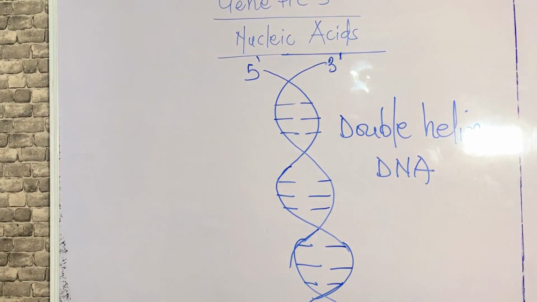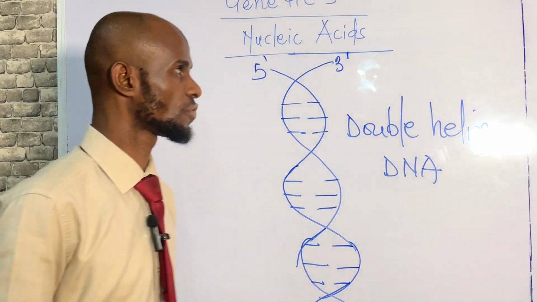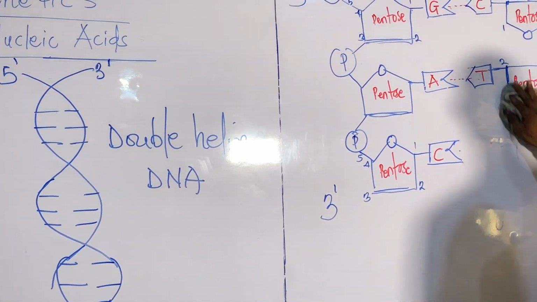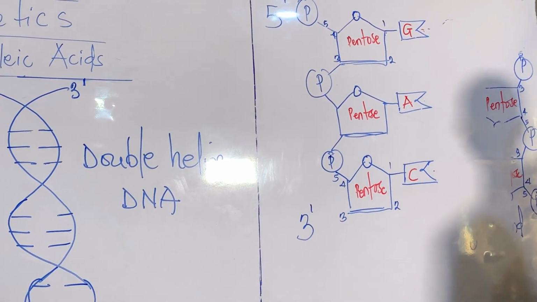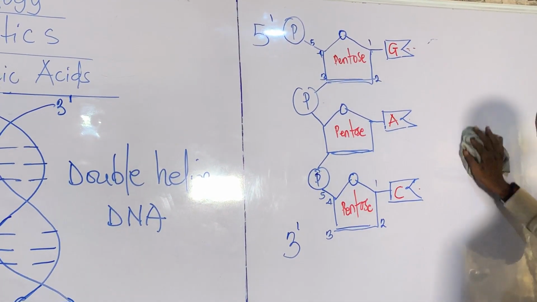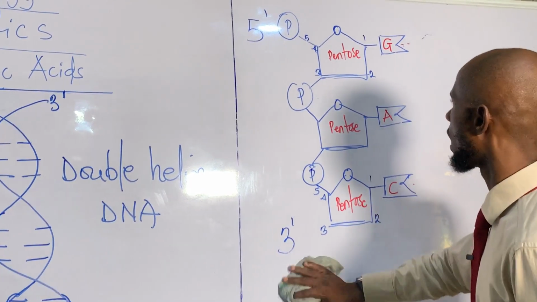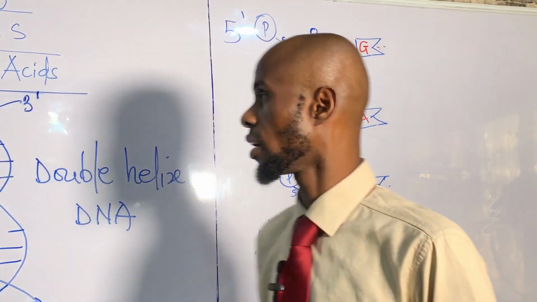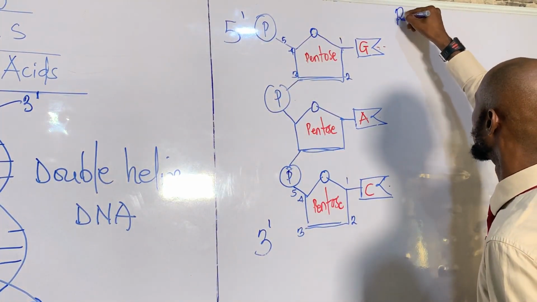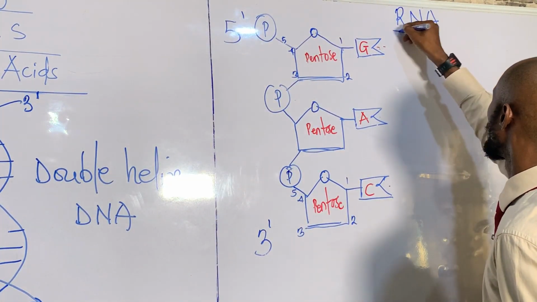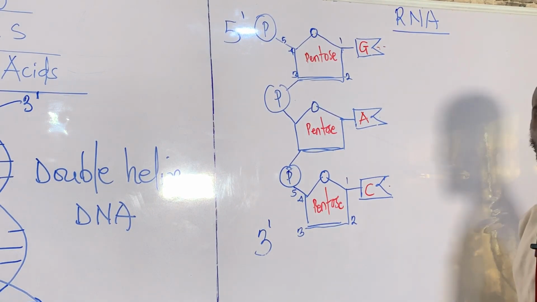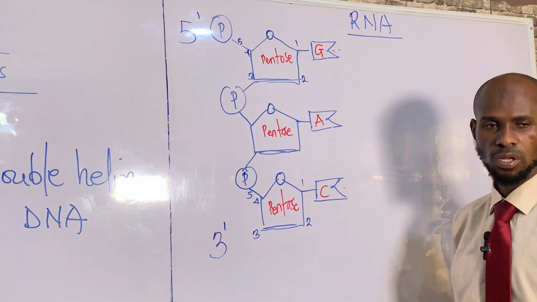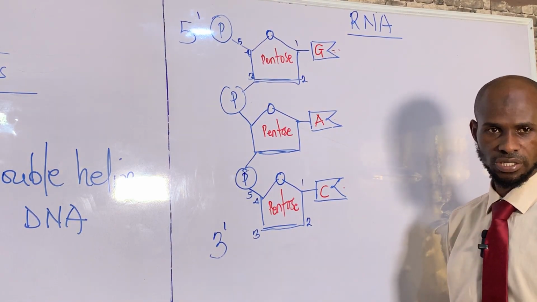So how do we form our RNA? It is very easy to form the RNA. RNA is just one strand. So you delete a strand of DNA to form an RNA. So we are starting with RNA now. RNA is a repeated unit of nucleotide also, but it is one strand.